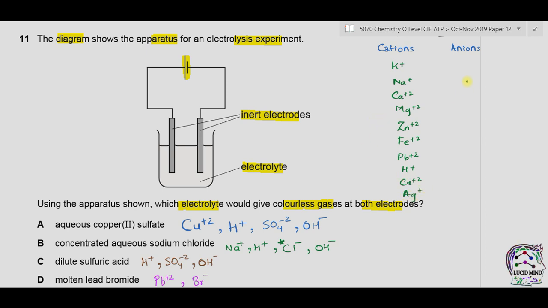While for anions we have Cl-, Br-, iodide, and hydroxide. Now moving down, the ease of discharge increases.